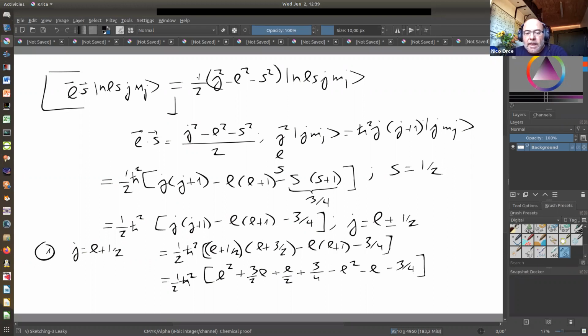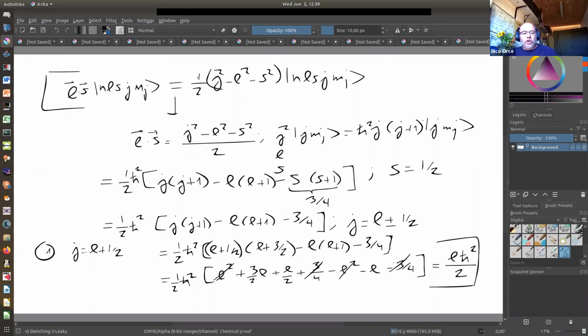And this l square will cancel with this l square. We have 2l here, right? Minus l. This 3/4 will cancel with this minus 3/4. And then we remain with 2l minus l. So basically, we have l h bar square over 2, if I'm not mistaken. You see? 3l plus l, 2l minus l.